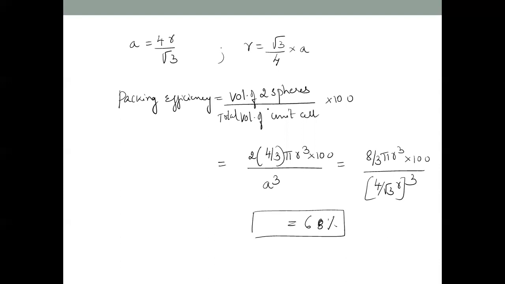Right. Now, if you see the packing efficiency in different types of lattices, for primitive or simple cubic unit cell, the packing efficiency is 52.4%.